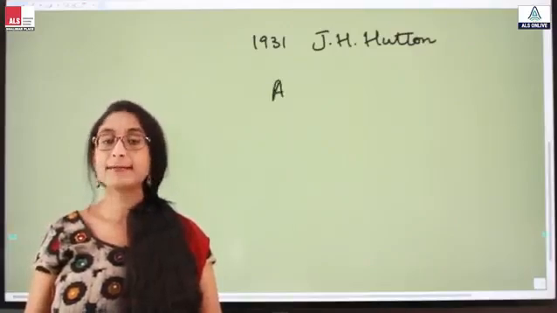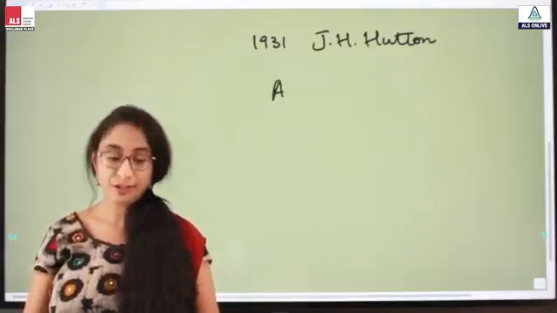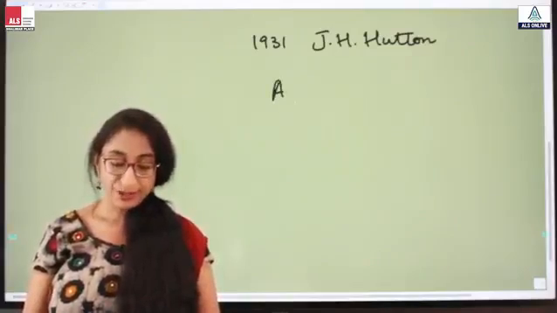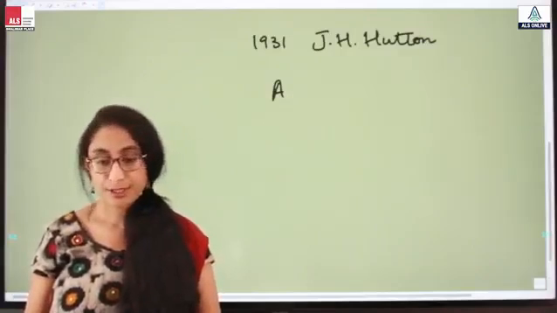Whenever you write an answer on tribe caste continuum, your examiner will expect you to write about Andre Beteille. So Andre Beteille tried to differentiate between tribes and caste using the following attributes.